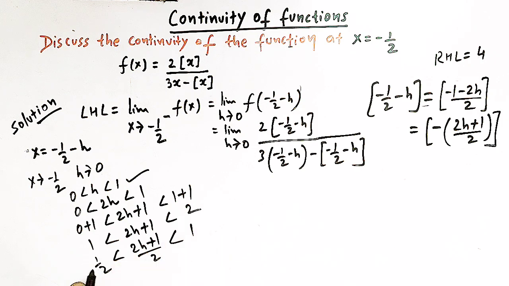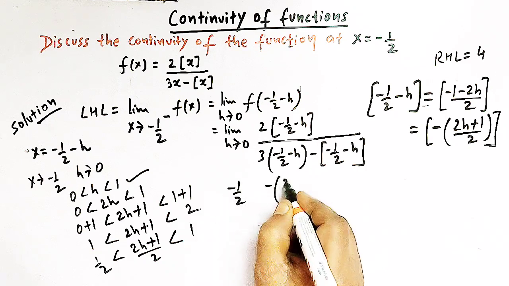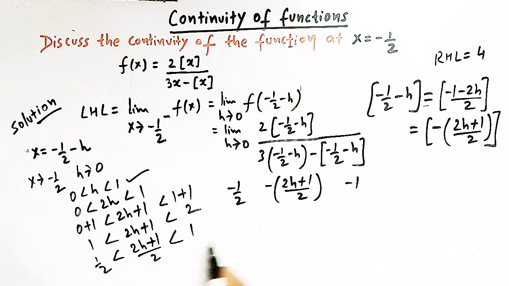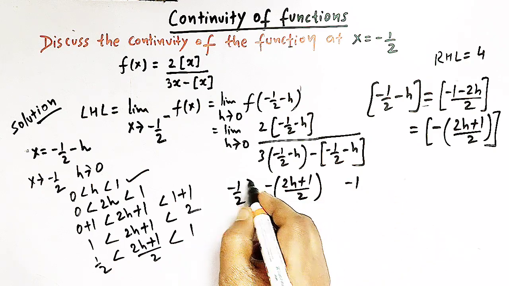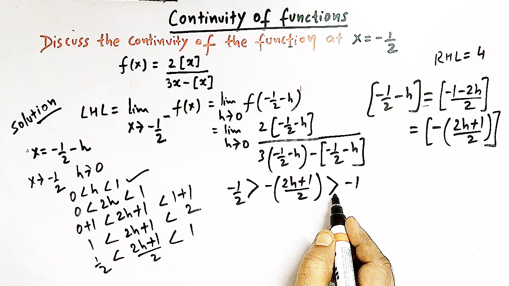So if we multiply throughout by minus 1, then we have minus half, we have minus 2h plus 1 over 2, and here we have minus 1, and the direction of the inequality gets reversed, right?